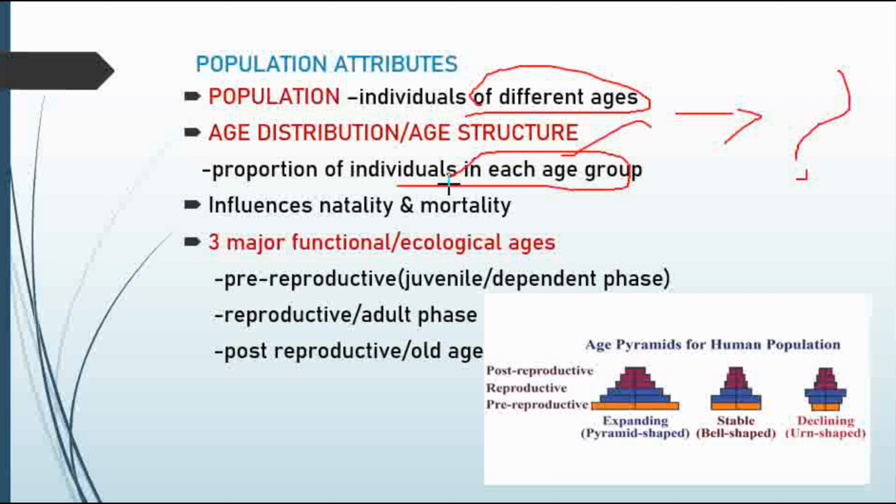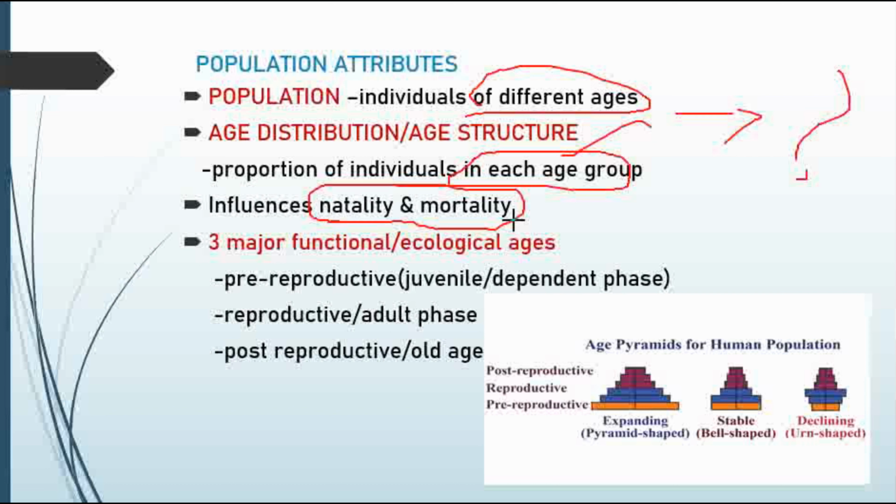So over age groups, how many individuals are there, that you call age distribution. Why should we study this? Because it influences the natality and mortality, the birth rate and the death rate. So we have to study this age distribution.